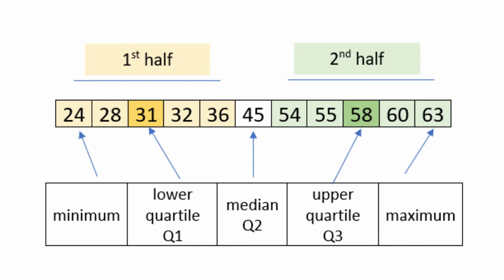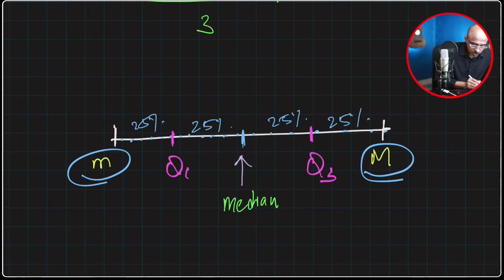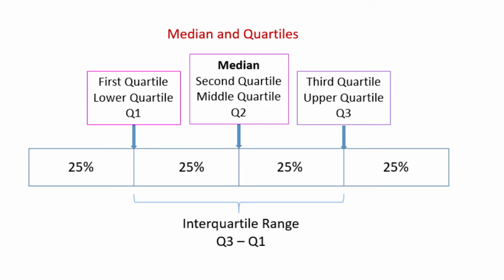Well, when data is arranged in an increasing order or decreasing order, we can always make use of these 5 special numbers to then say that 25% of the data is anywhere between the minimum value and the first quartile or the lower quartile. 25% of the data is between the upper quartile and the maximum value. And there is this 50% of the data, the mid 50%, between the lower quartile and the upper quartile, often referred to as the interquartile range.